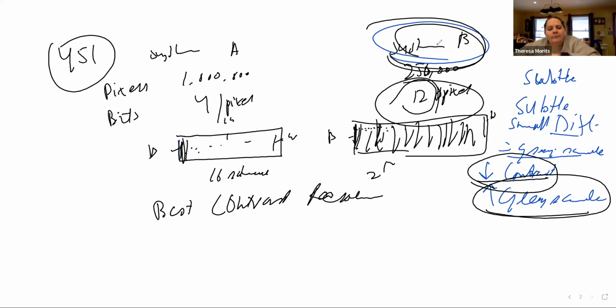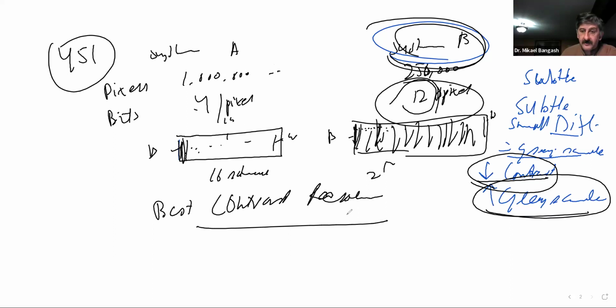So the number of pixels is really not relevant. It's just going to be how many bits are assigned to each pixel that will determine your contrast resolution. Clear?